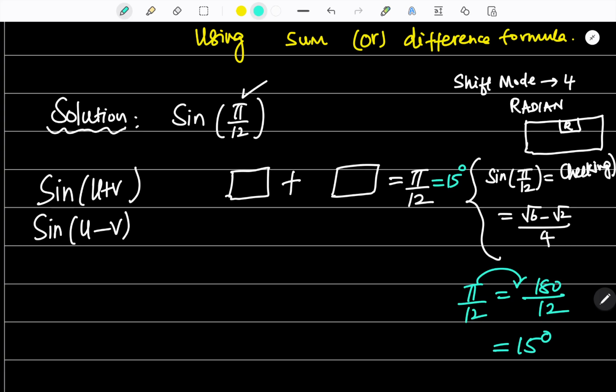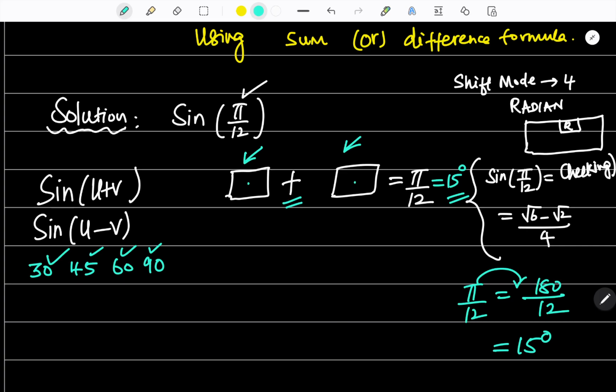Now, after you get this answer 15, you have to think two numbers to get 15. But from where you have to get? You have to get from 30, 60, 90, 45. Only from these four values you have to think. When I take two values, you should get 15.